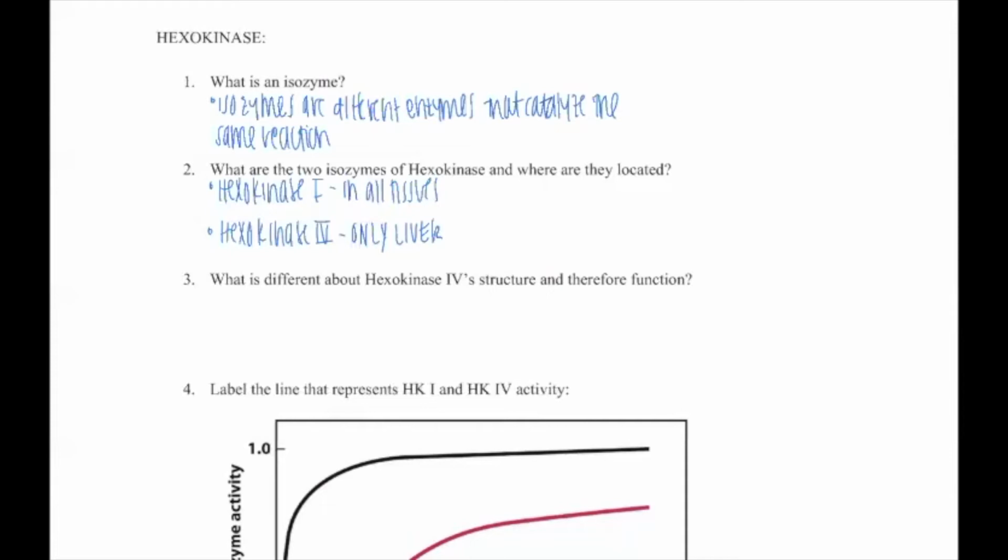4's structure and therefore function, right? So if we're talking about hexokinase 4 being different from hexokinase 1, since it has a different structure, we have learned in Biochem 110A that it must also have a different function.